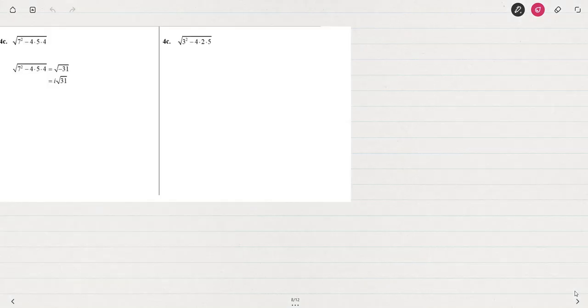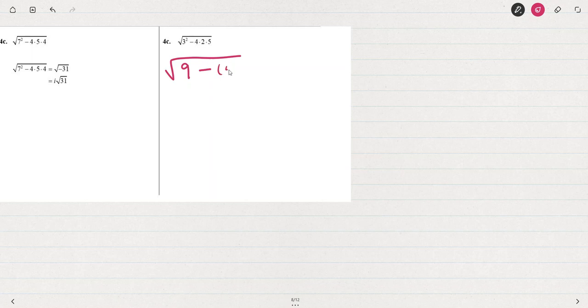Let's look at another example. This one gets even more complicated, but we can handle it. When I simplify that, be careful of that subtraction, because according to the order of operations, I'm going to do any exponent first. So that's the 9. And then I'm going to multiply before I subtract.